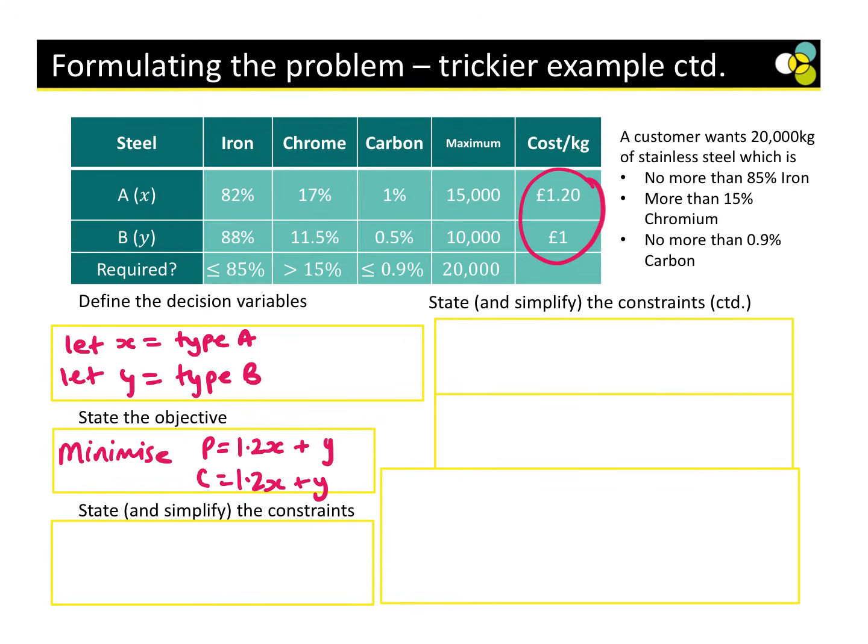So for the first one, what is this? 0.82x plus 0.88y has to be less than or equal to 0.85. Is that completely true? Can't you just say iron has to be less than or equal to 0.85? What is a little bit wrong with my statement?